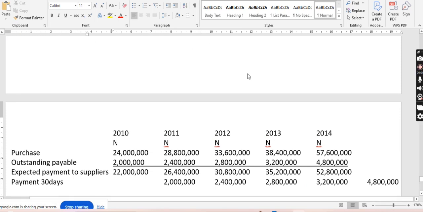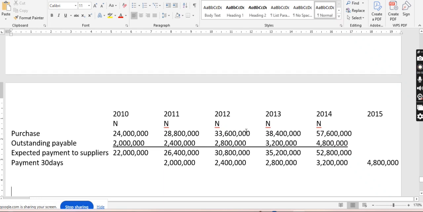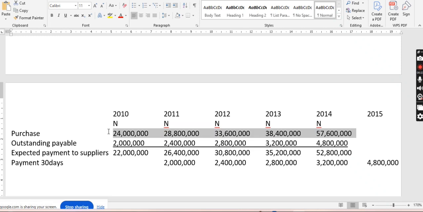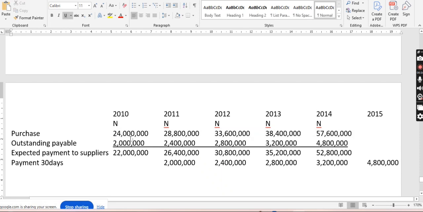Okay, class. So let me put this 2015. Hello, class. Now, what happened here is that for the total purchase for the year, you want to know the total payment to suppliers. These total purchases, the monthly 2 million is inside the 24 million.